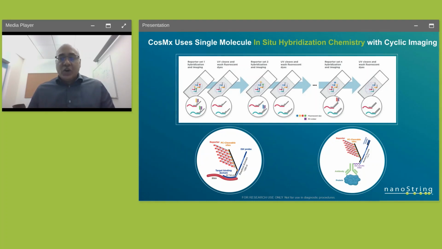And these readout domains are decoded by cyclic imaging of fluorescent-tagged reporters. CosMx needs up to 5 probes per gene, and the target binding domain of these probes is very small, just 35 to 50 nucleotides long. And that is why CosMx works beautifully with small transcripts as well as with FFPE samples with relatively degraded RNA.